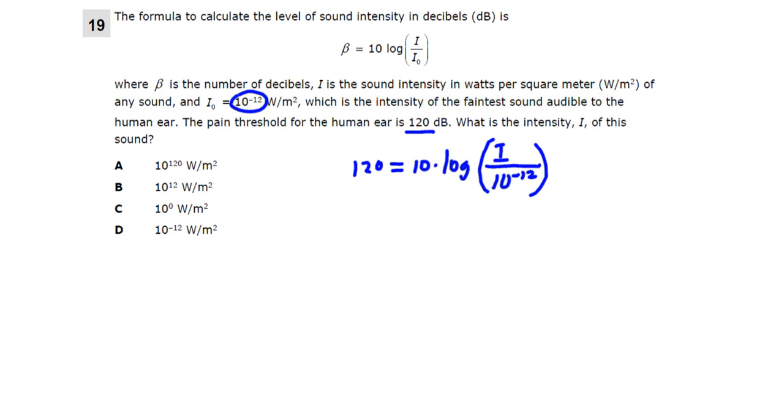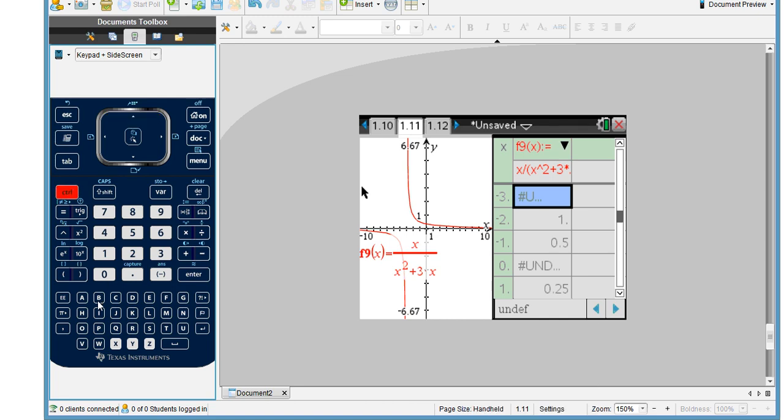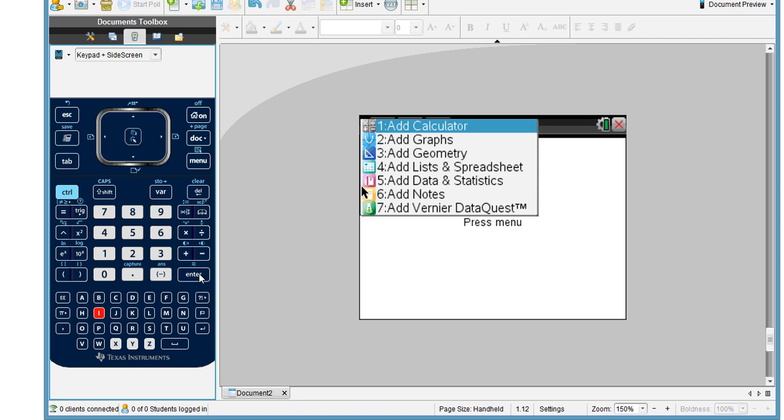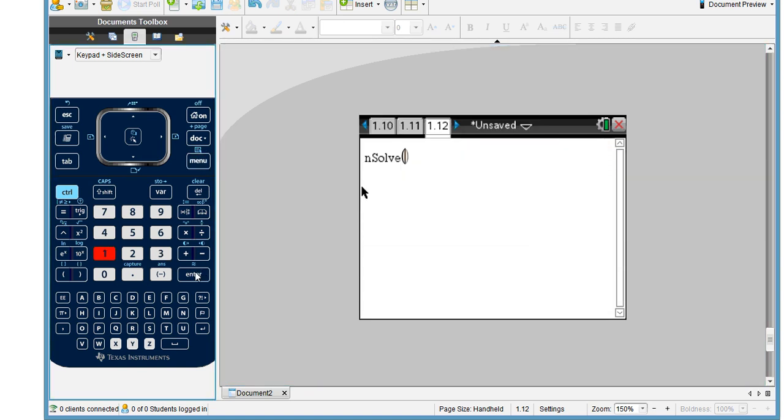So we go to our calculator. I'm going to put Control I, go to numerical solve, menu 3-1, and then we're going to put 120 is equal to 10 times log, and here's a control log.